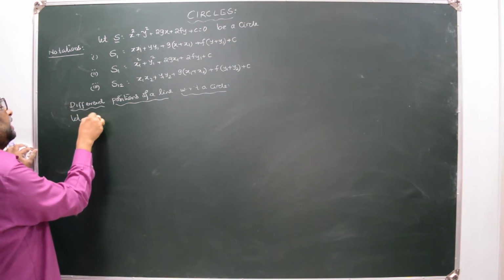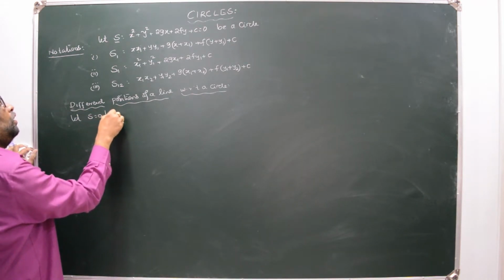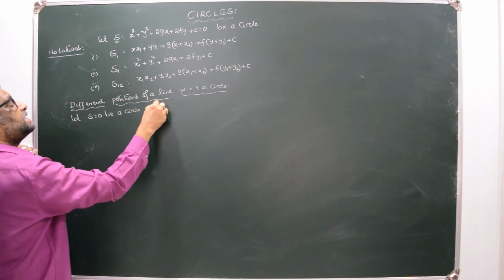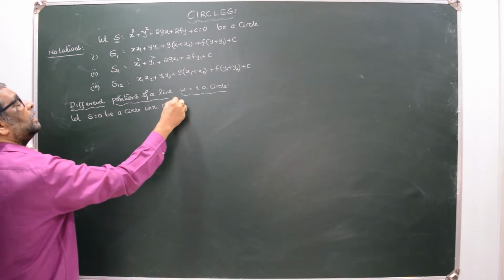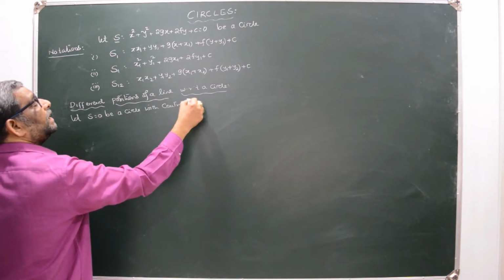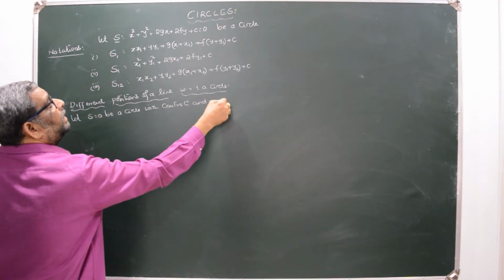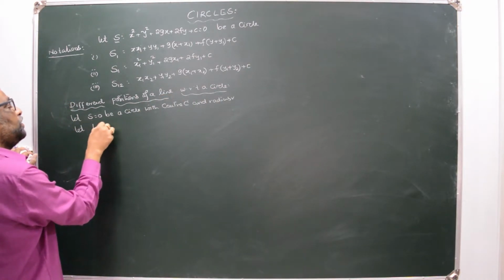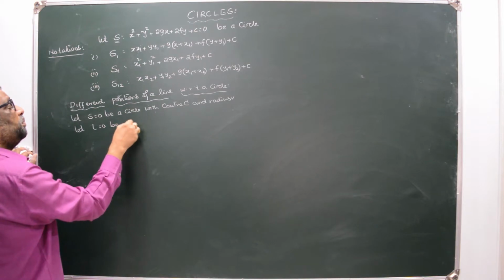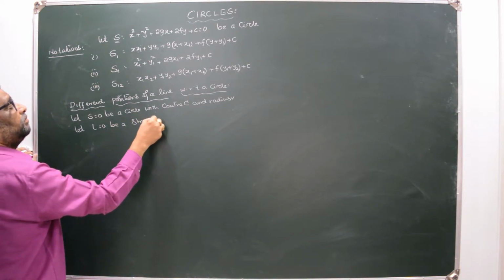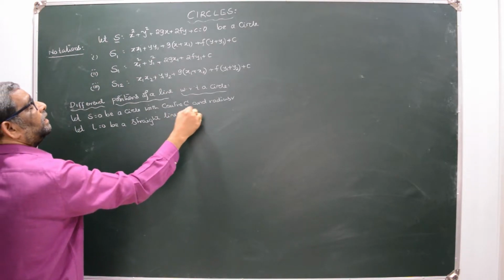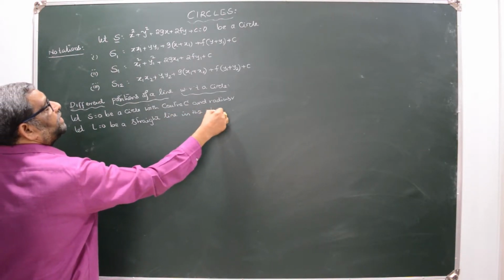Let S equal to 0 be a circle with center C and radius R. Let L equal to 0 be a straight line in the plane of the circle.